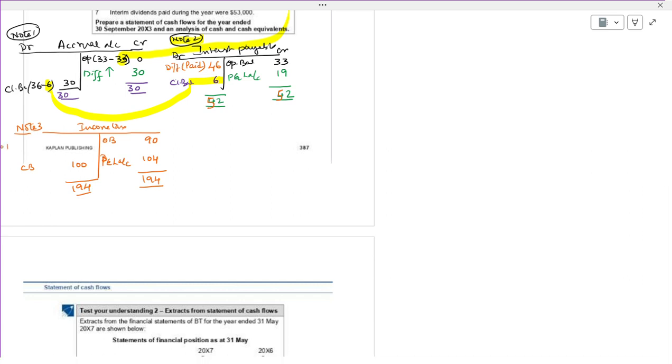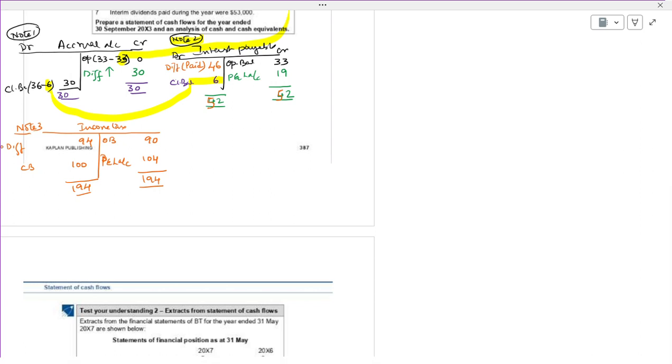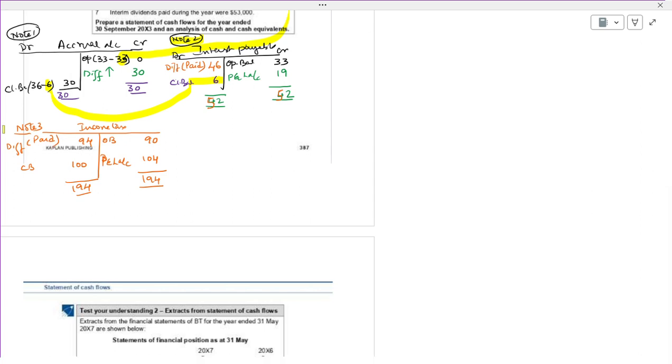Difference is 94. If it is debit, it means liability is decreasing. How will it decrease? You have paid.